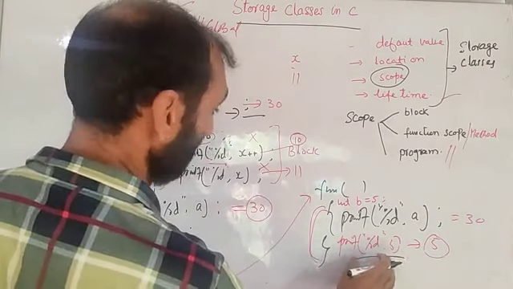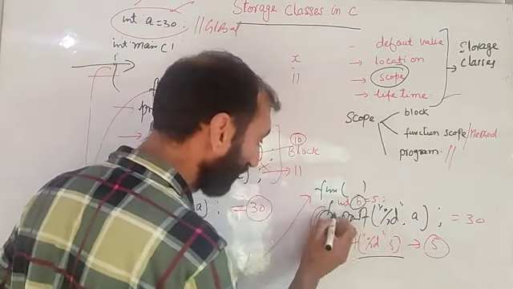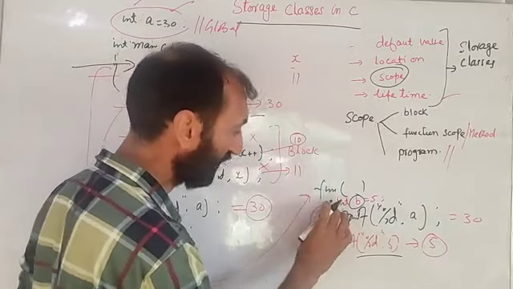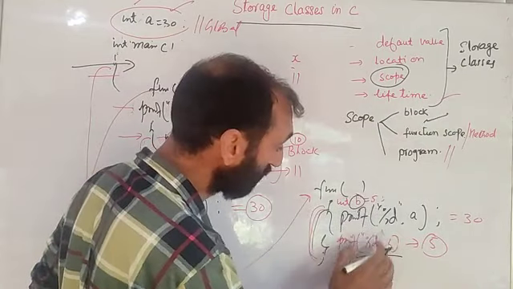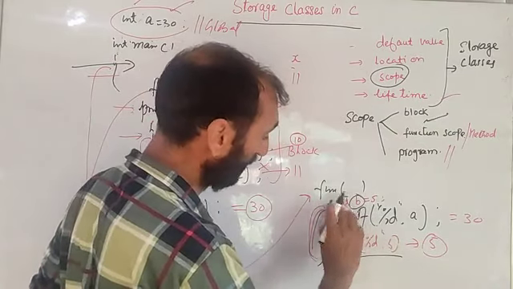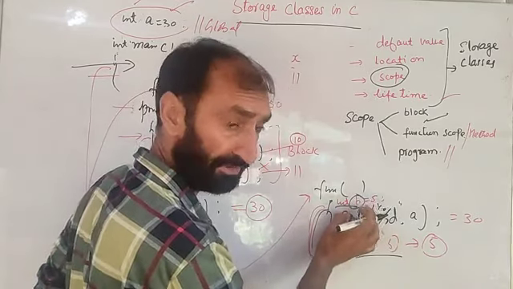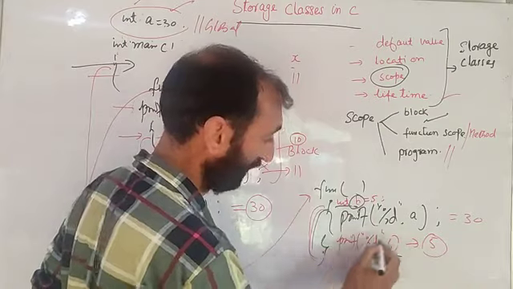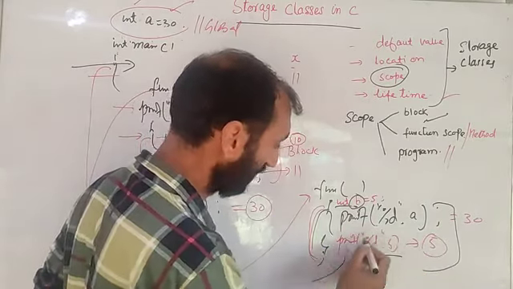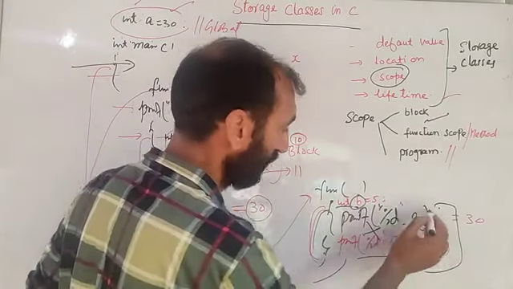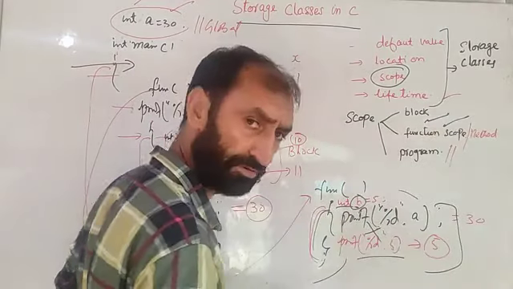It will show an error because the scope of this variable b is only from this brace to this brace. That means it has a function scope. We cannot use a variable declared in a function outside that function. The lifetime of this variable is only within this function. After exiting from this function, it gets erased. This memory gets released. So we can say it's only a function scope.